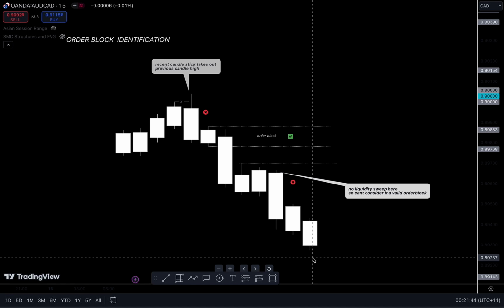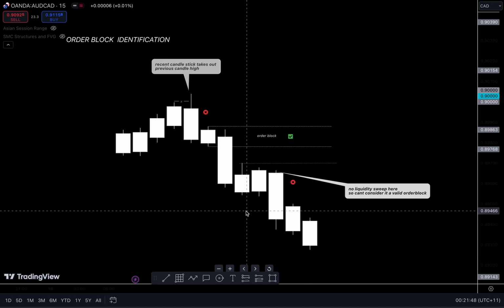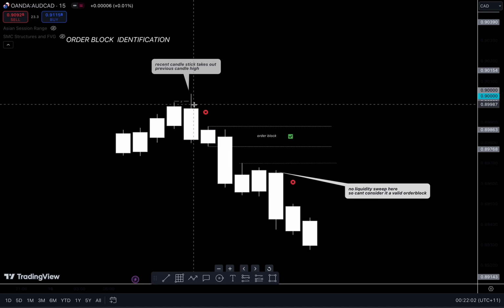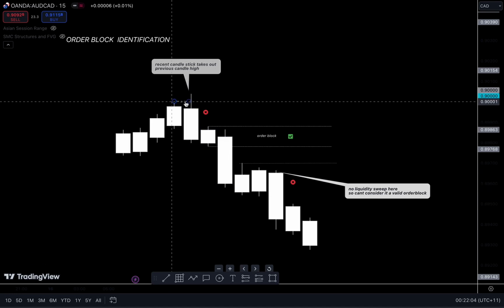As you can see in the image on the screen, I want to make something clear: one of the ways to identify a valid order block is by looking at where liquidity was taken out from. So one of the requirements for identifying a valid order block is identifying that liquidity has been taken out at this point.